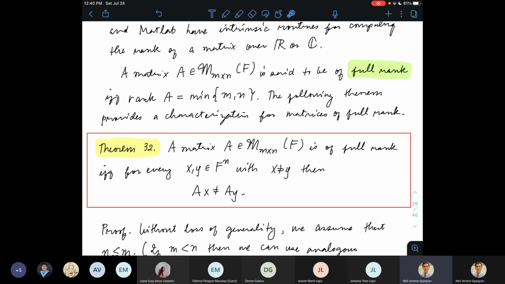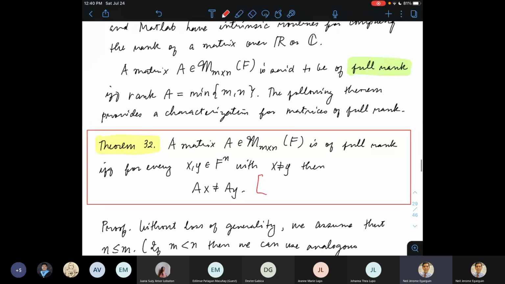Or siguro mas familiar tayo dun sa contrapositive. So the contrapositive is, I think that's what we used before, this is equivalent to saying that Ax equals Ay implies x equals y. So this is what we call the contrapositive of the statement, which is equivalent to the statement itself.